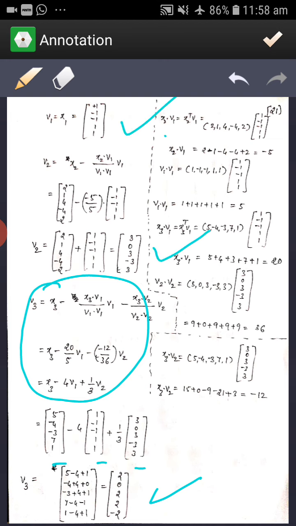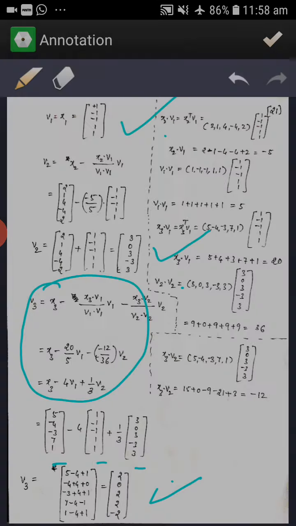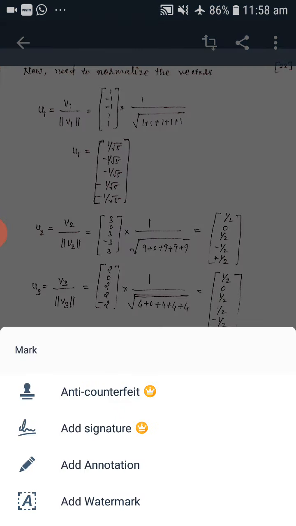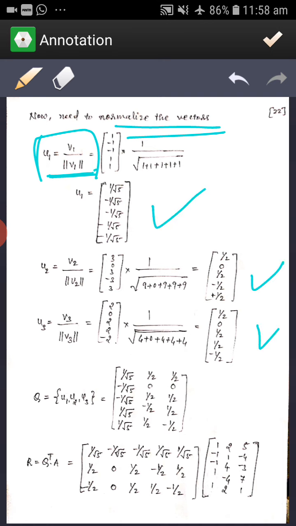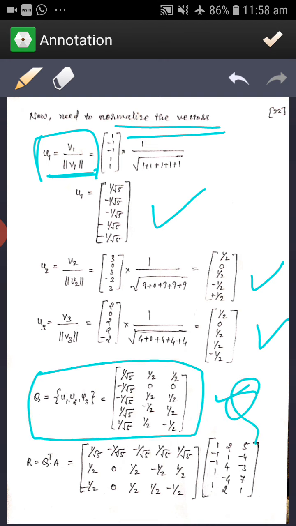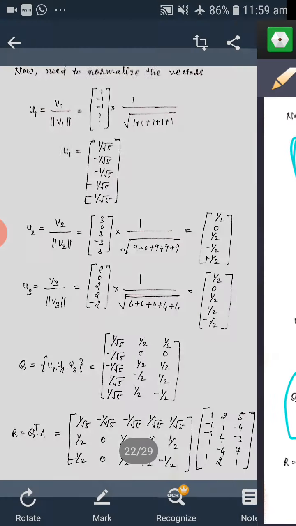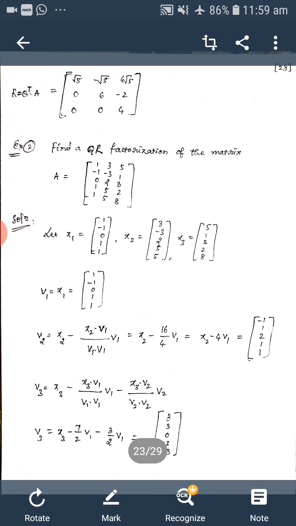After calculating v1, v2 and v3, to calculate Q we need to normalize. Normalizing and calculating the unit vector are the same. So this is u1, u2, u3, and together u1, u2, u3 form Q. After forming Q, take Q transpose, then multiply with A to get R.